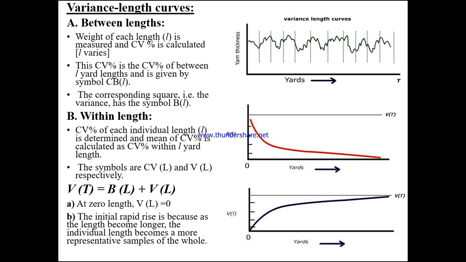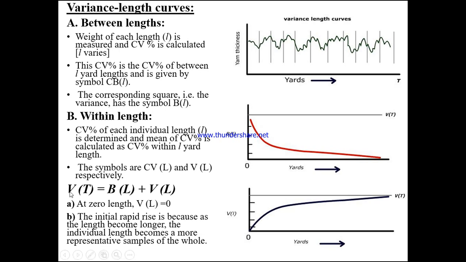If you measure the mass variation within each individual length l, then the CV percentage of that mass variation of l yard length is symbolized as CBL, and the variance is expressed as VL. Right? That is called variation within the length.